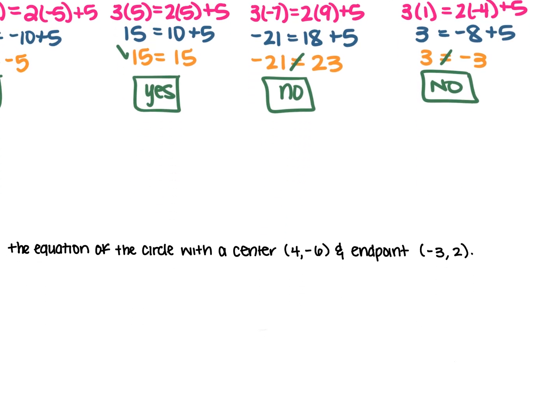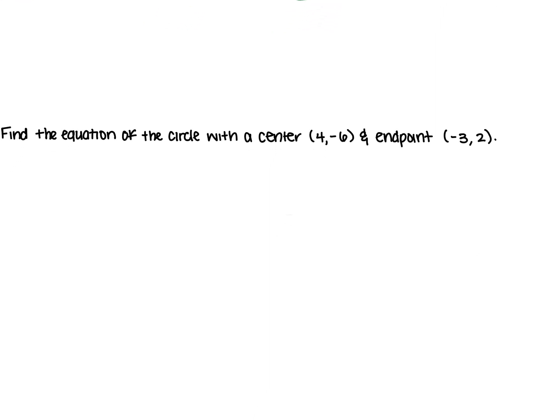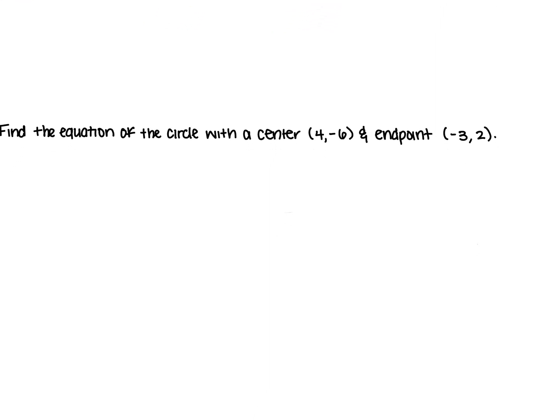For number 5, it tells you to find the equation of the circle with a center of 4, negative 6 and an endpoint of negative 3, 2. Your center is the ordered pair h, comma k. So that means that your h is 4 and your k is negative 6.